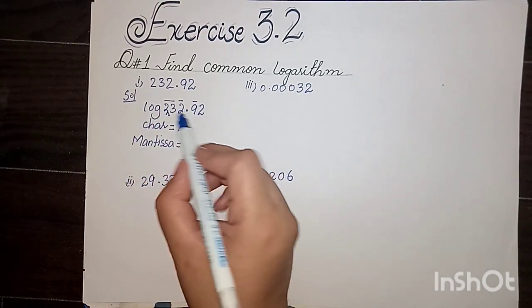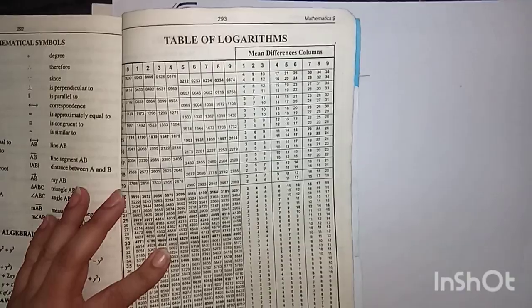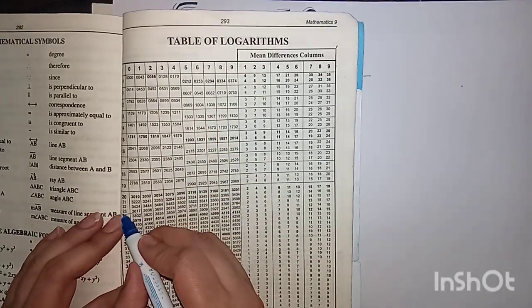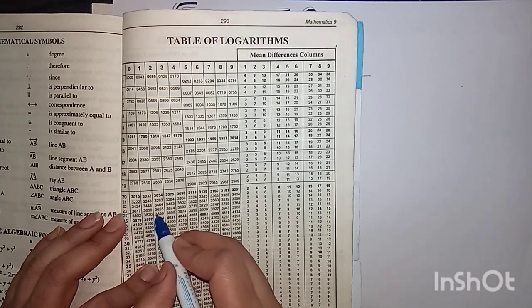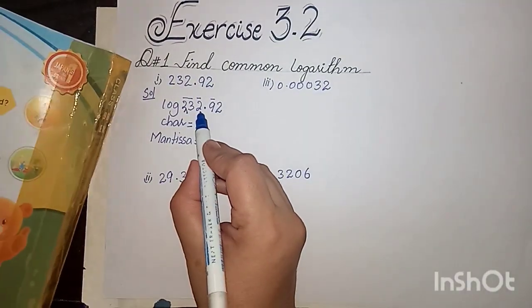Now I will check these numbers in our logarithm table. In the logarithmic table my first number is 23. I will check 23 in column 2.